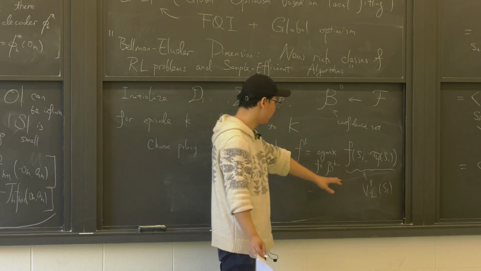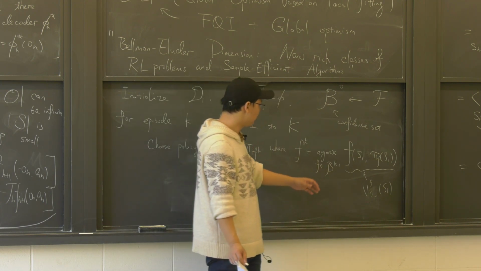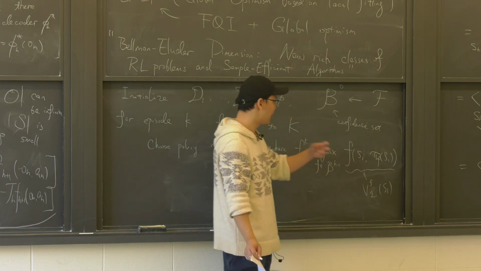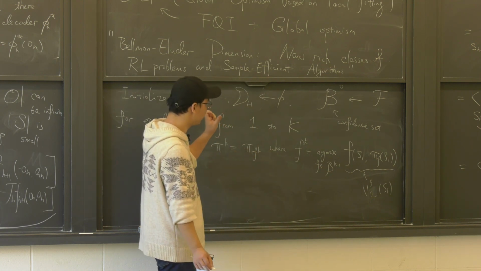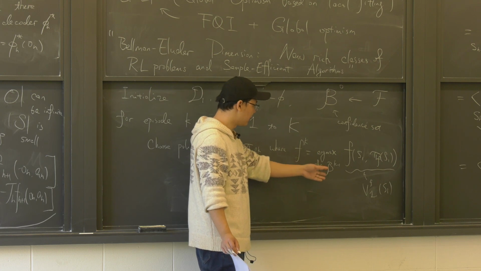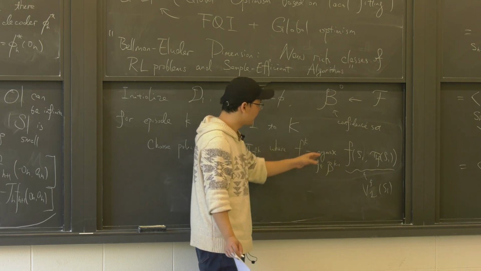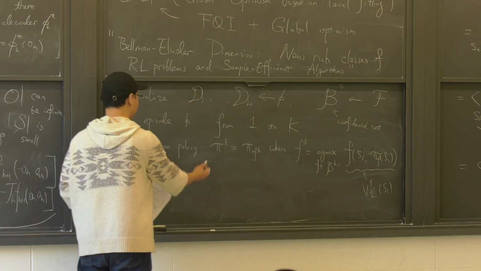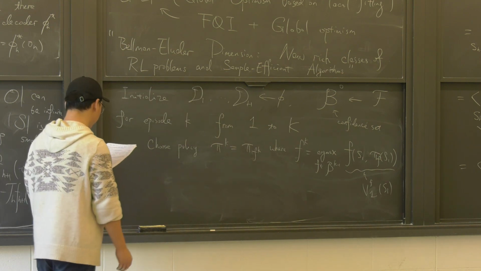The first step is we're doing optimistic planning. That is, we only look at the initial value. This is global optimism, and we choose the value function that maximizes the initial value within this confidence set. And we set our policy to be the greedy policy of that value function.